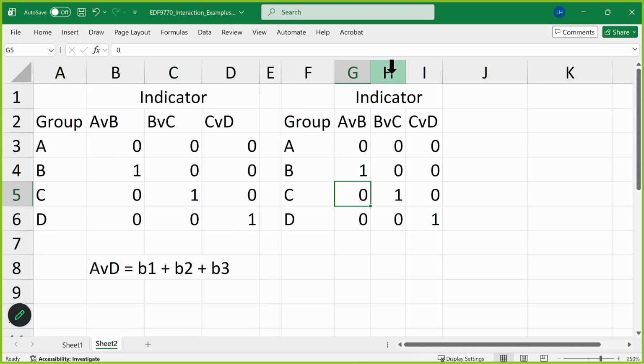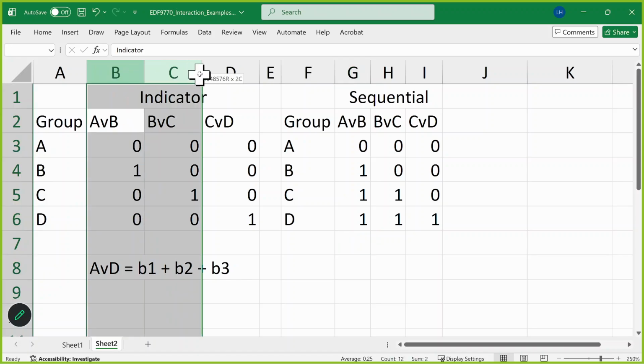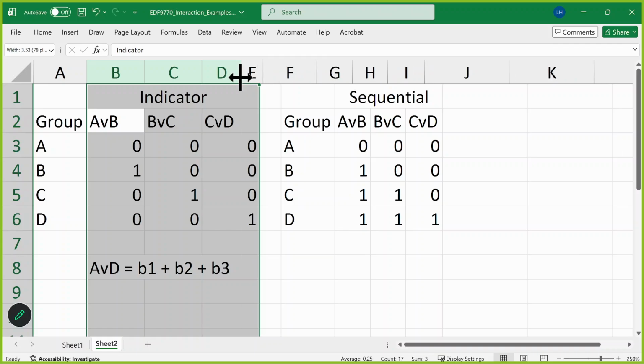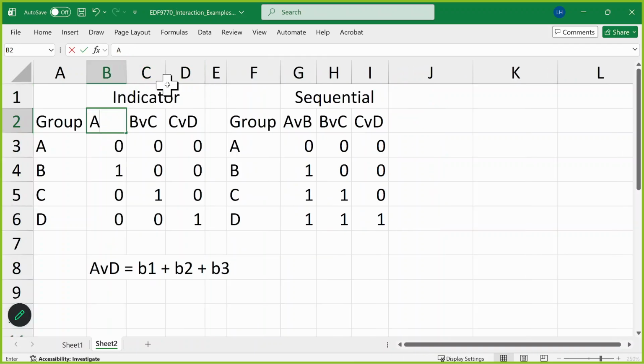Okay, so this one is now sequential. Put them back. That means that the labels for these three need to change back to what they were as well. That one actually is the same.